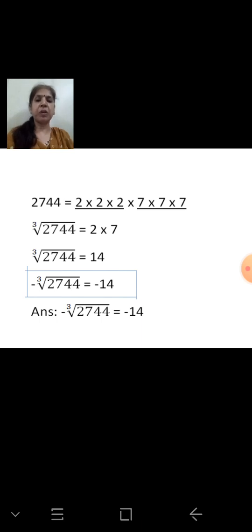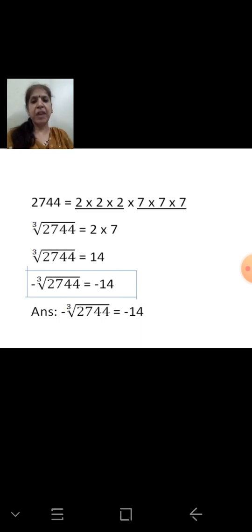But the question asked was negative 2744. So only here we are going to write the negative sign outside, then cube root of 2744 is equal to negative 14. Only here your negative sign will appear.